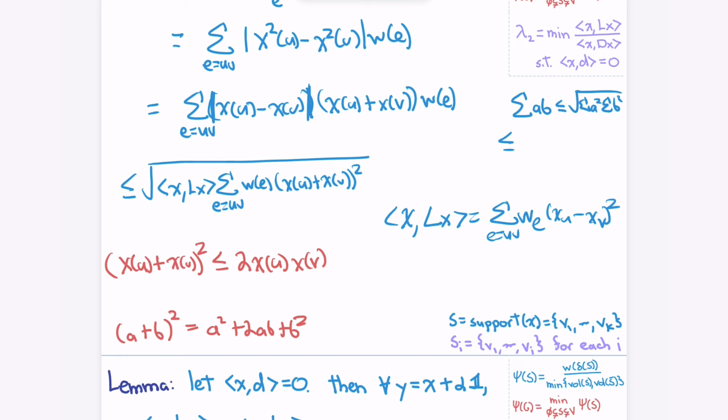And meanwhile, 0 is at most a minus b squared, which is equal to a squared minus 2ab plus b squared. So that means 2ab is always less than or equal to a squared plus b squared.